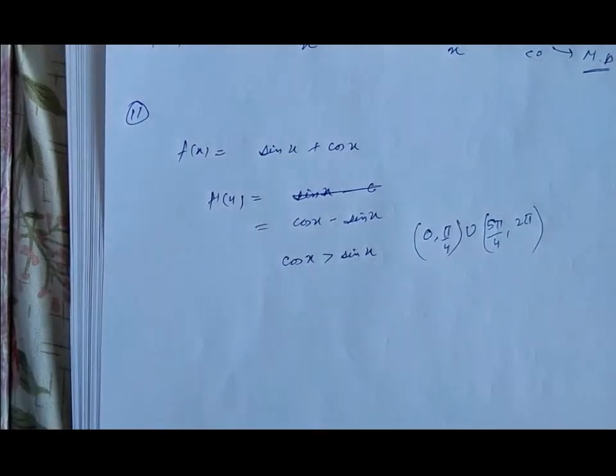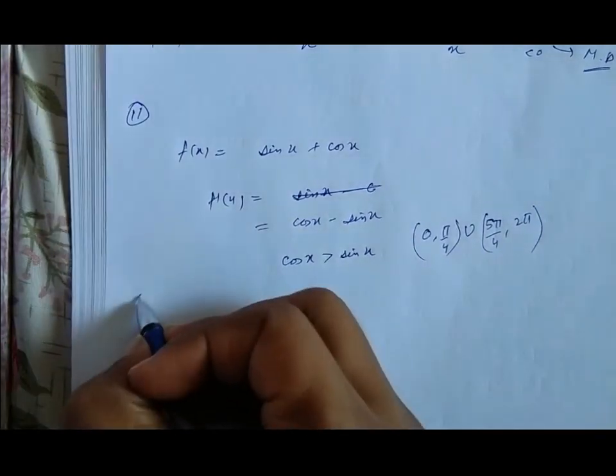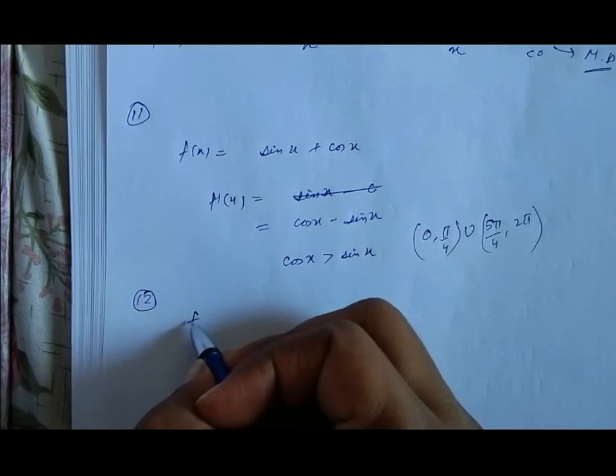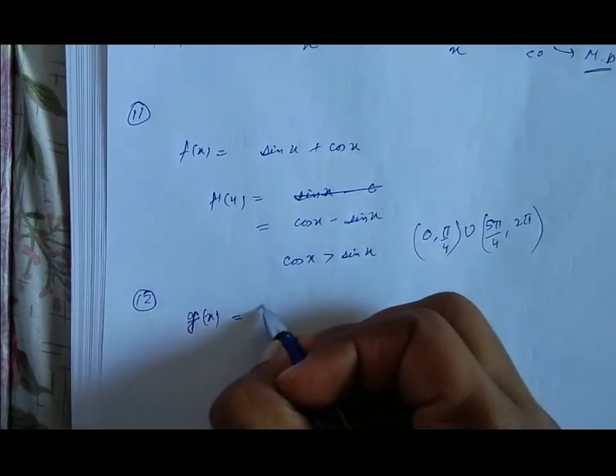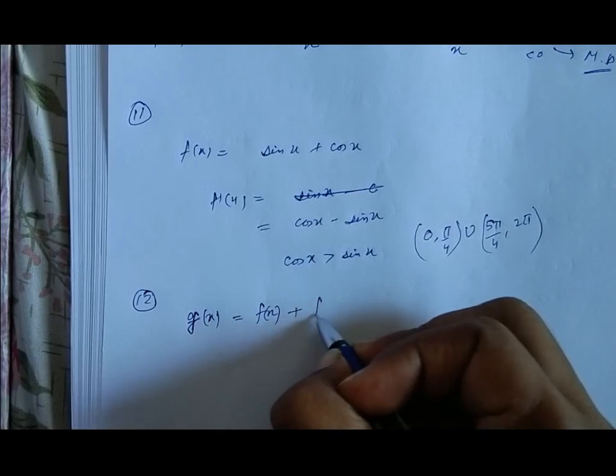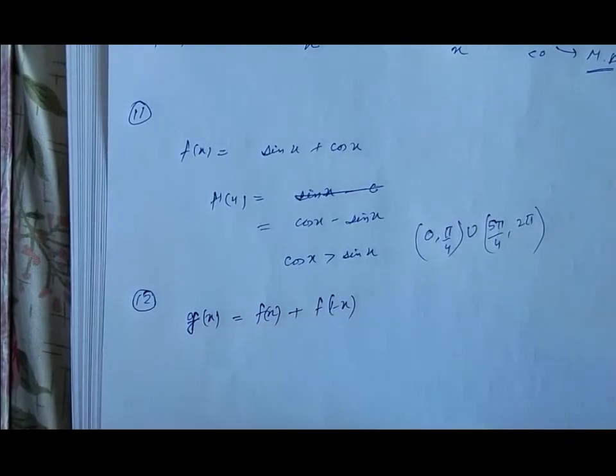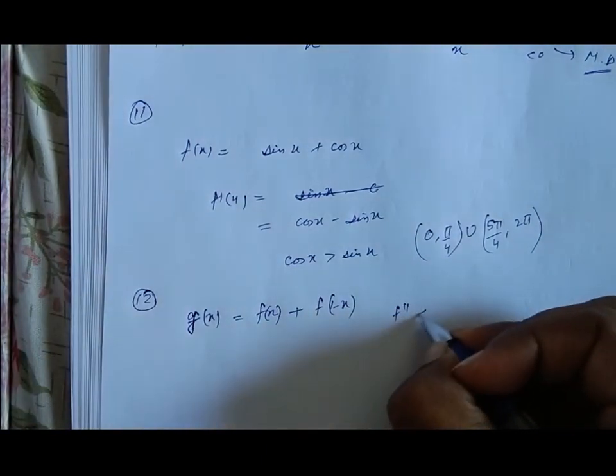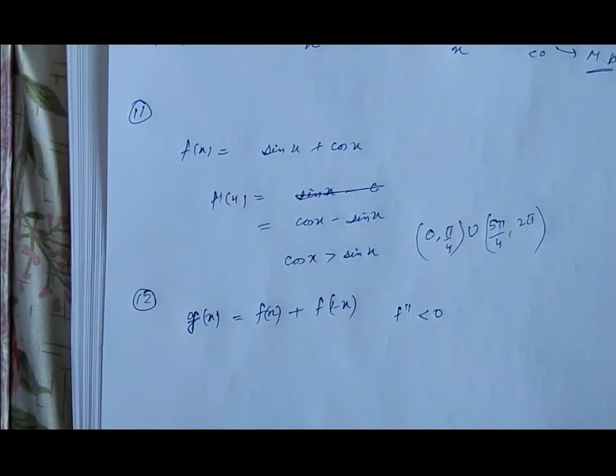Moving on to the next question, question number 12. We've been given gx is equal to fx plus f of 1 minus x. Also f double dash is less than 0 for all x between 0 to 1. We need to show that gx increases in 0 to half and decreases in half to 1.